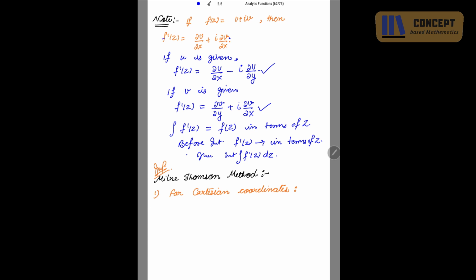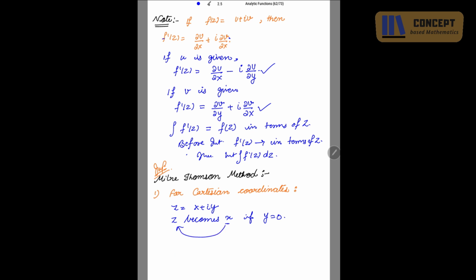First is for Cartesian coordinates, z is x plus iota y. Now z becomes x if y is equal to 0. So what you have to do is you put y equal to 0 in f of z or f dash z and replace this x by z.